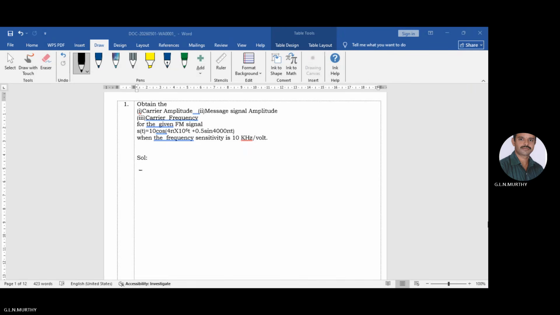parameters. In particular, in analog communications, bandwidth and power are the fundamental parameters that need to be estimated irrespective of the continuous wave modulation scheme. It can be amplitude modulation or it can be frequency modulation.